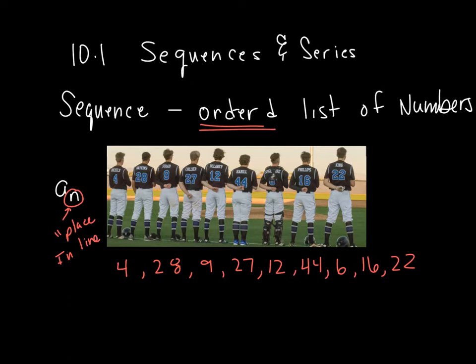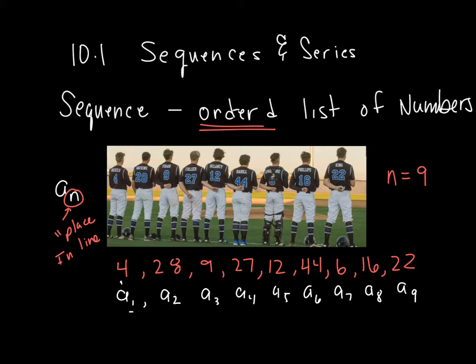So in this case, I say n is equal to 9, and that's because it has 9 players. So the ordered list would be A1, A2, A3, A4, A5, A6, A7, A8, and A9, where the number at the bottom again is the place in line.